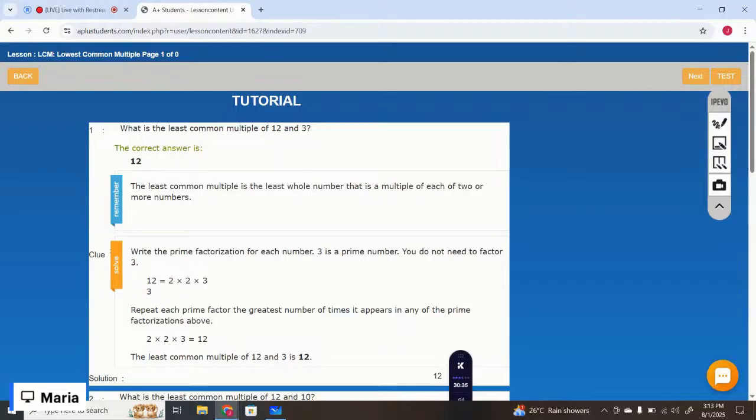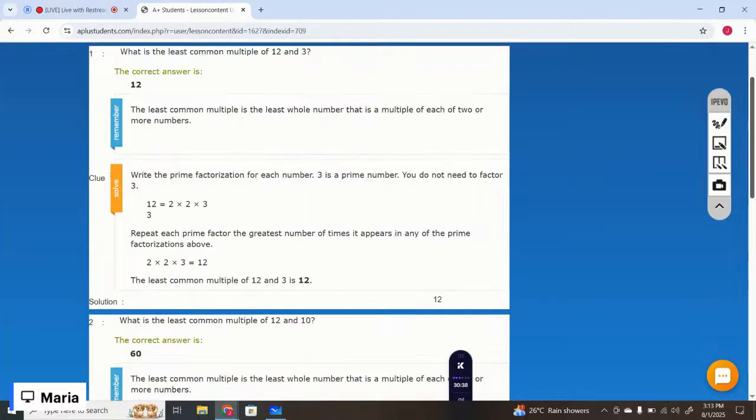So the prime factors of 3 and 12: the prime factors of 12 are 2 times 2 times 3.